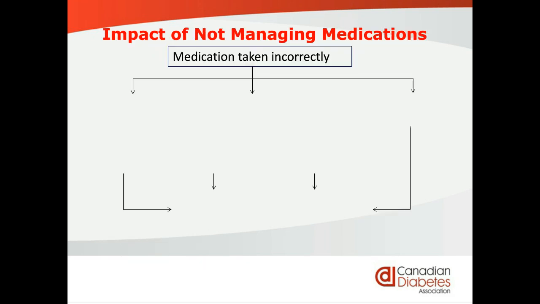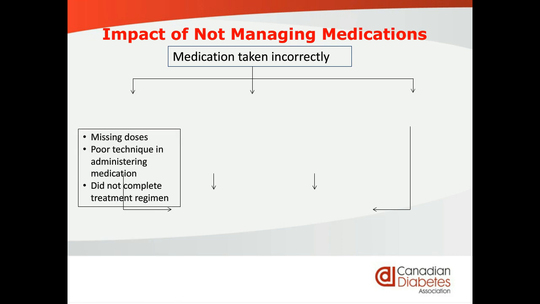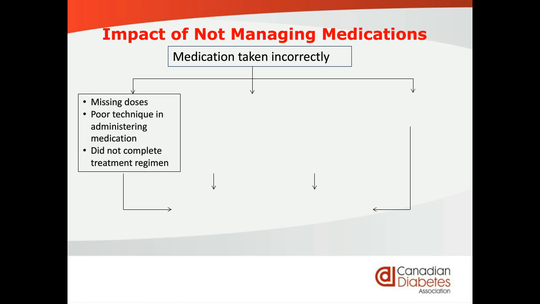So what is the impact of not managing medications? Well, if the medication is taken incorrectly, let's take a look. If the patient missed doses or has poor technique in administering the medication or did not complete the treatment regimen, that will result in inadequate medication in the body for the condition it is meant to treat.